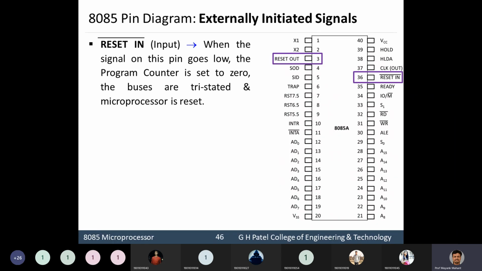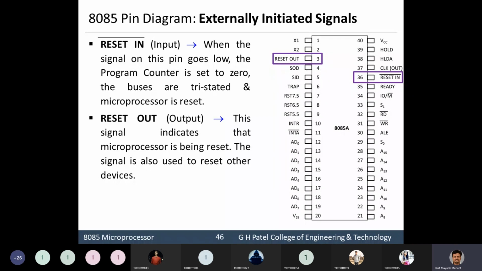Many times when our microprocessor has gone into an infinite loop, we provide a reset signal to bring the program counter back to 0. So it will start up with 0 and all the operations will be carried out once again.